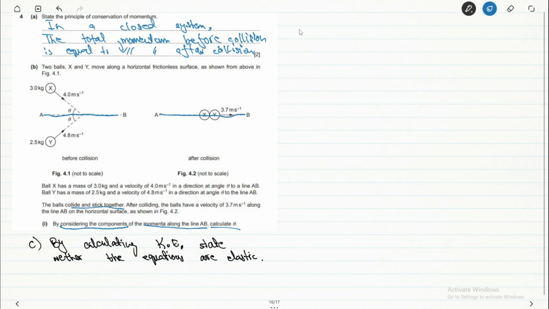So initial momentum is, this is both in positive directions, so just write it as positive.